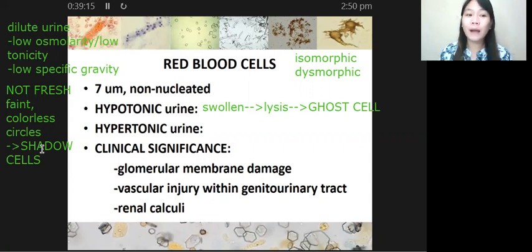Ma'am, paano naman pag shadow cell? Shadow cell ang gagamitin mong term if, for example, the urine that you received in the laboratory is not fresh. So, unpreserved urine sample po siya. It has been left standing for a prolonged period of time and causing now your RBCs to appear as faint colorless circles. So, ang tawag mo doon sa RBCs na yun ay shadow cells. Okay, magkaiba po yan ha.